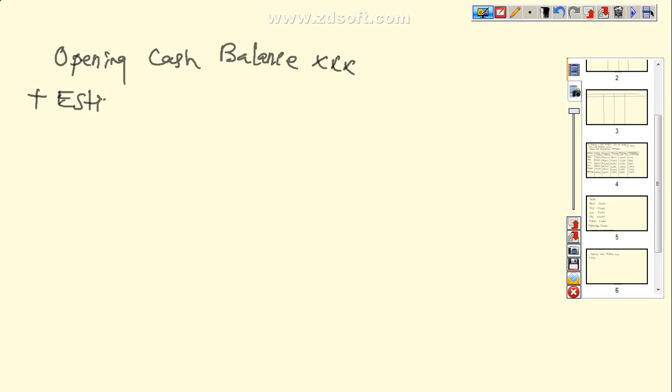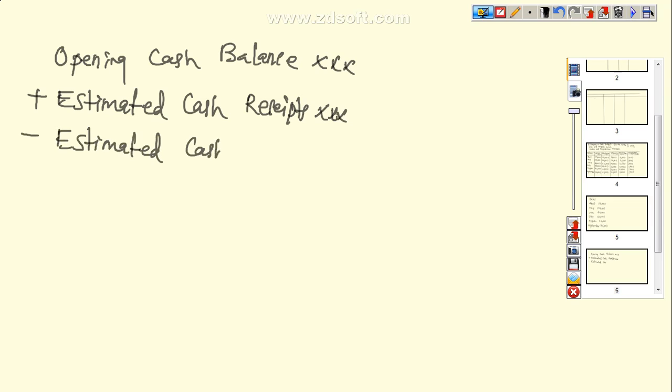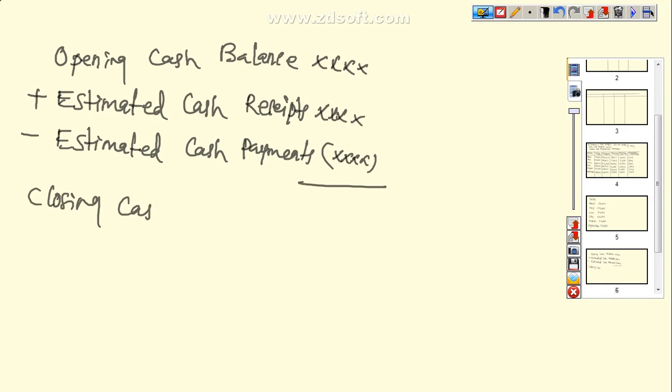While preparing a cash budget, we have to follow a formula, that is: opening cash balance plus estimated cash receipt minus estimated cash payment, that answer is equal to closing cash balance.